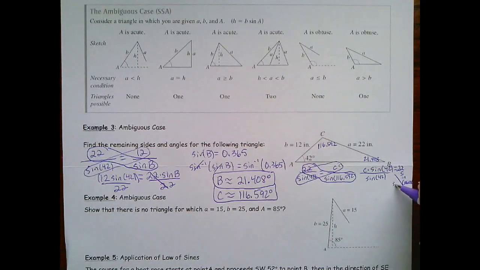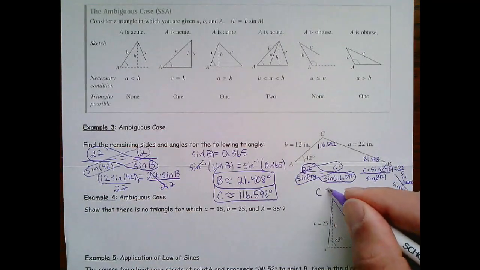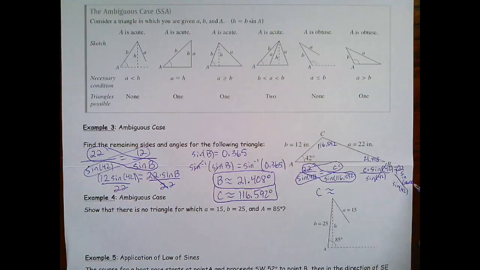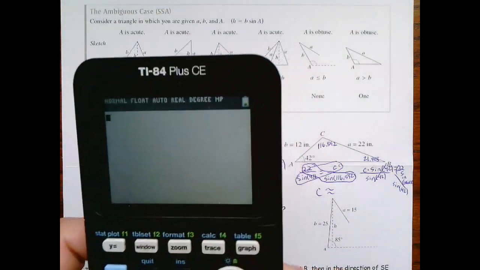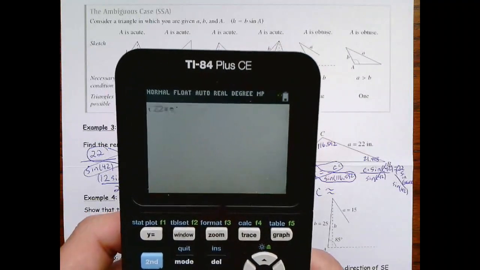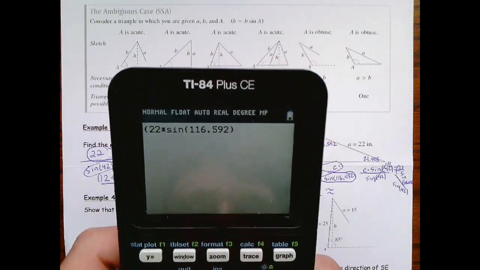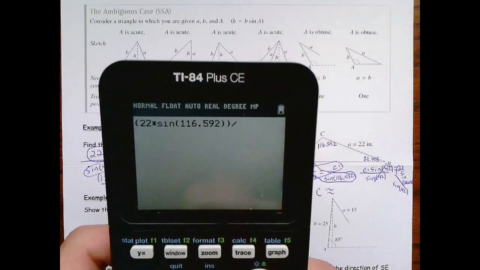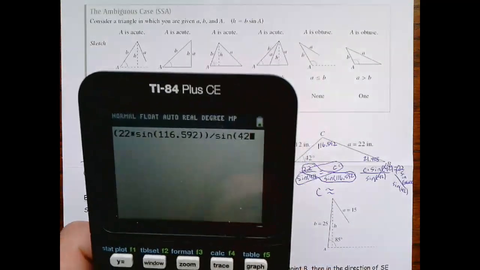Those will cancel. And what do I know about C? Well, it's going to be 22 sine of 116.592. So extra set of parentheses, guys. Parenthesis 22 times sine 116.592 divided by sine of 42.